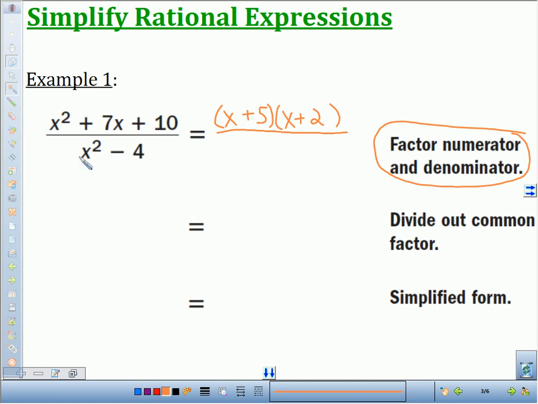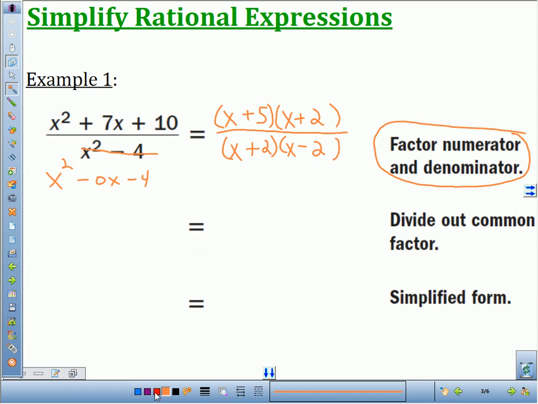Now on the bottom, you might get a little confused at x squared minus 4, but keep in mind, this is x squared minus 0x minus 4. So we can treat it the same way: x and x, this is minus, so it has to be plus and minus. We have to add up to 0, so that's positive 2 and negative 2.